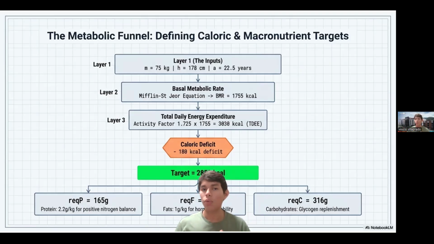For losing fat, what I have to do is a caloric deficit, so I take off 180 calories from this TDEE. So my target is a diet with less than or equal to 2850 calories.